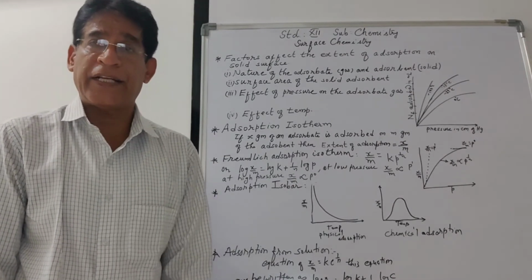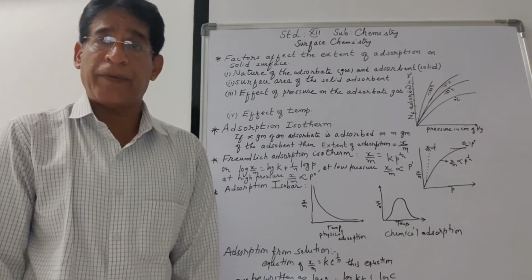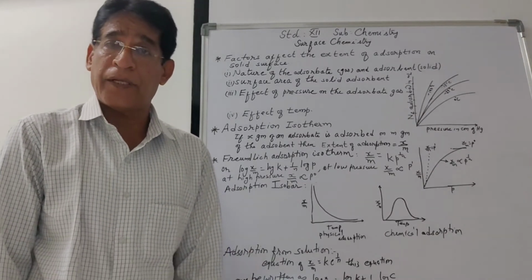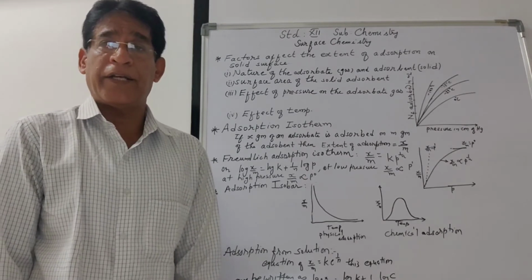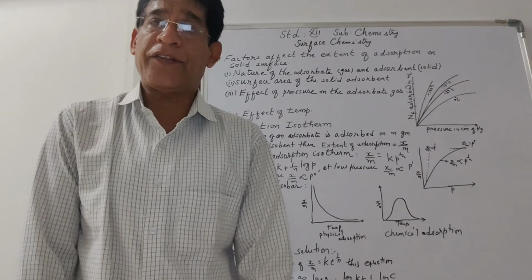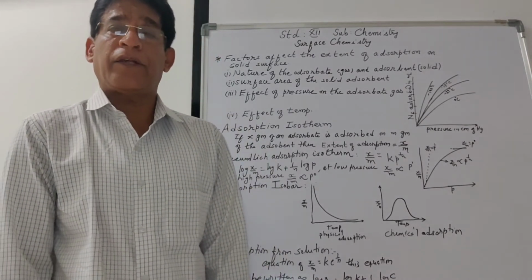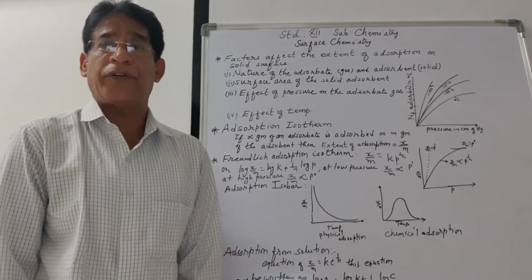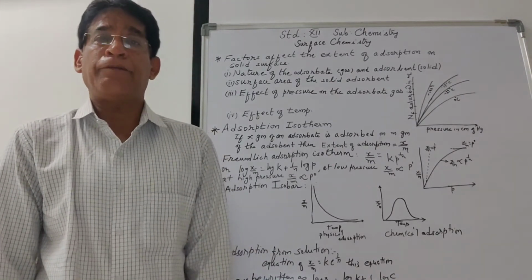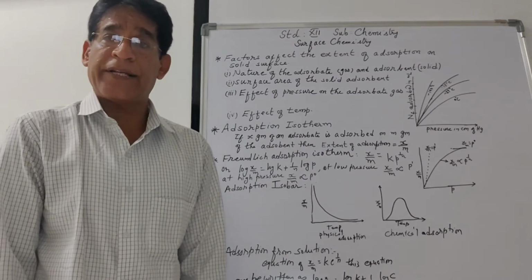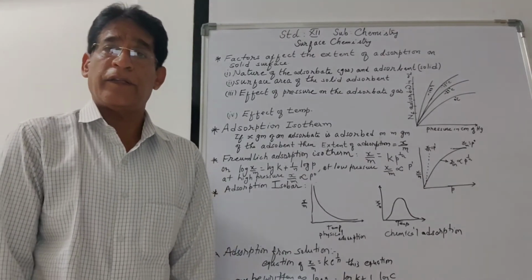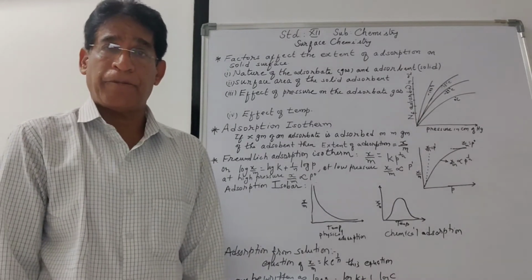And if the concentration of the adsorbate increases in the bulk after adsorption, it is called negative adsorption. Bulk solution plus concentrated KCl solution, this is positive adsorption. And bulk solution plus dilute KCl solution, this is negative adsorption.